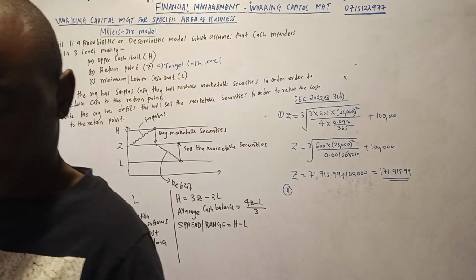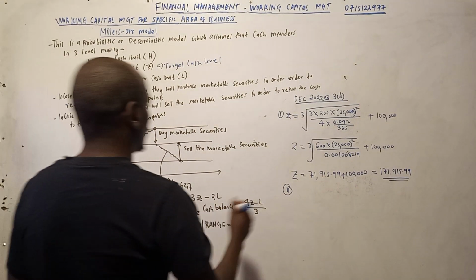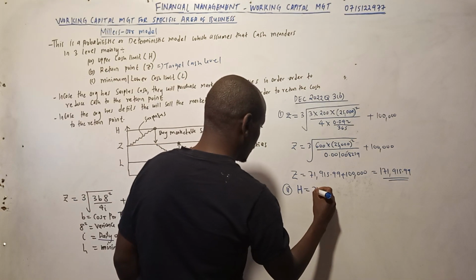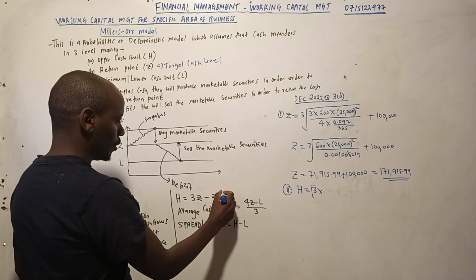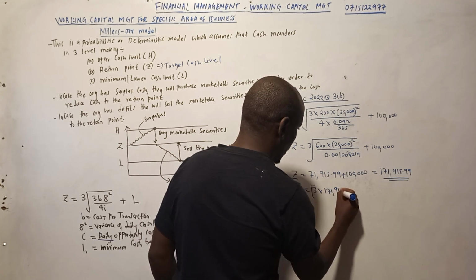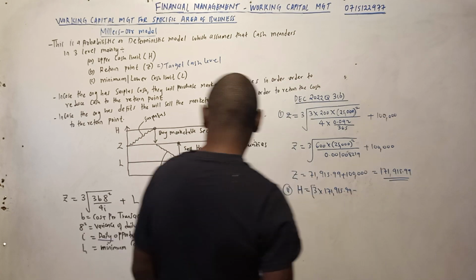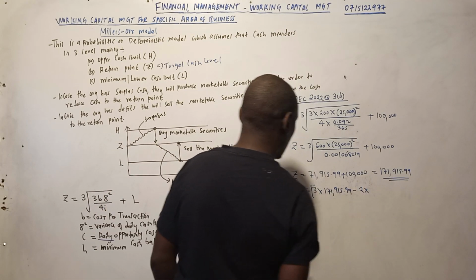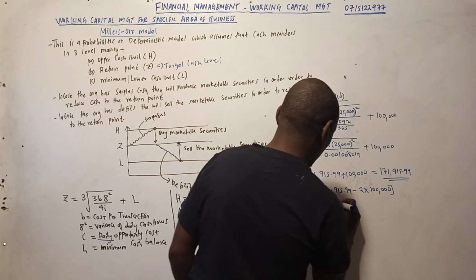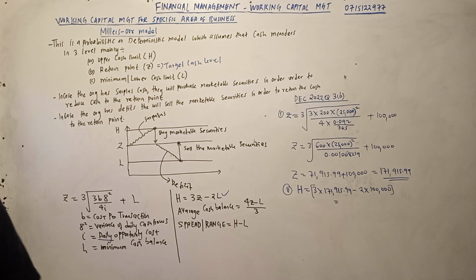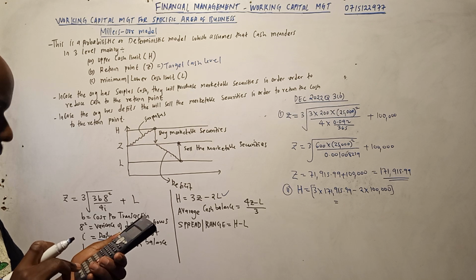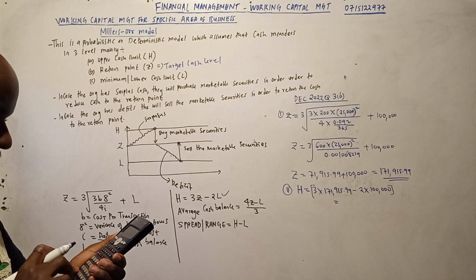Number 2, upper cash limit, which is H. H formula ndio hii hapa, 3 times Z, which is 171,915.99 minus 2 times L. Our L is 100,000. Lower cash limit. So tunaweza fanya direct. So times the 3 minus 2 times 100,000.